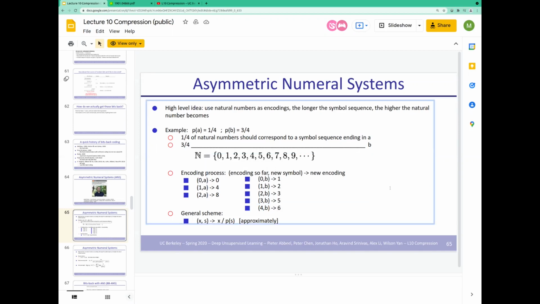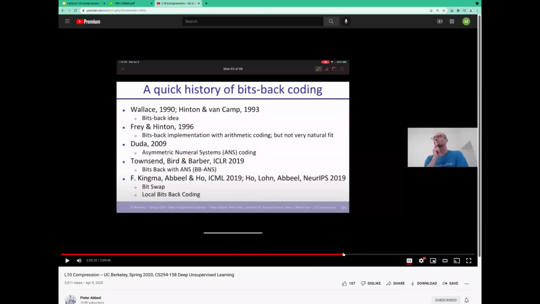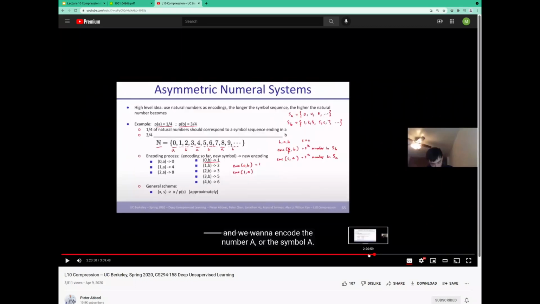Right. So the idea here is that, I think the example was BAB. So 0B becomes 1, 1A becomes 4, 4B becomes 6 from the lookup table.